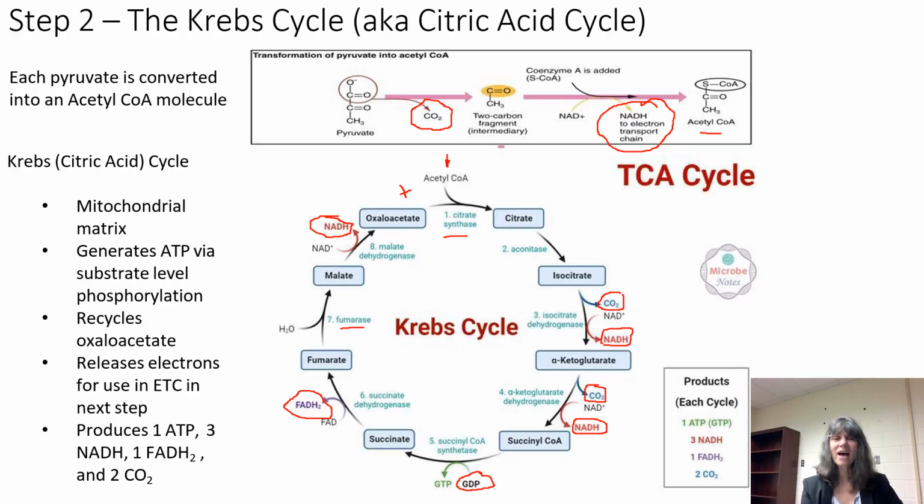So as long as we have pyruvate molecules that can be transformed into acetyl coenzyme A, we can keep going through this citric acid cycle, and each time we go through the cycle, you'll notice that the products are a molecule of adenosine triphosphate. Why do we say that?